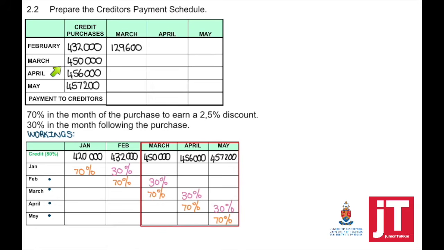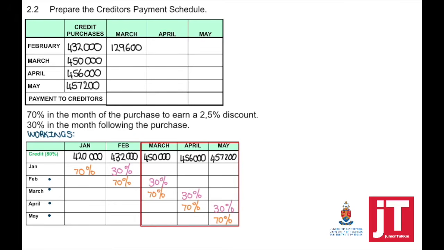Looking now at March, in the same month, 70% will be paid, but 2.5% discount will be received. Reminder, discount received is a non-cash item. It's an income that will appear in your projected income statement.